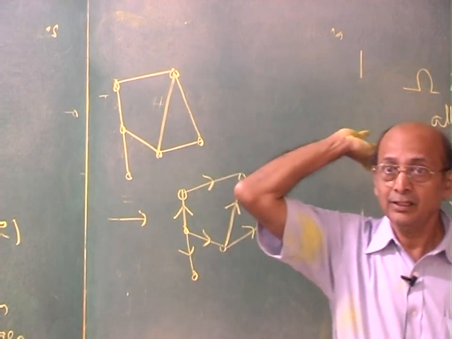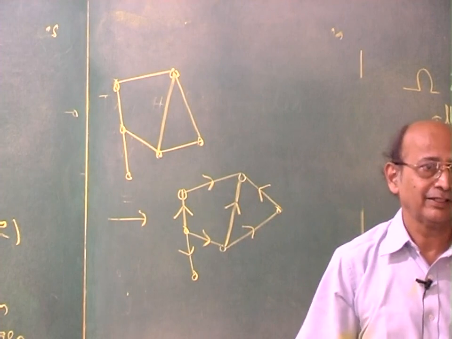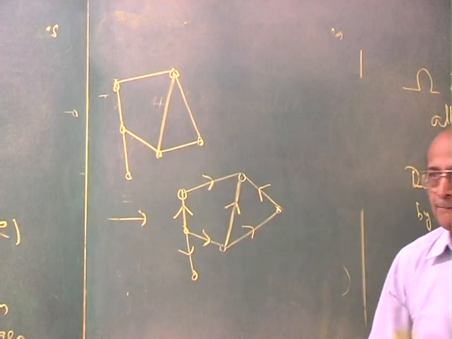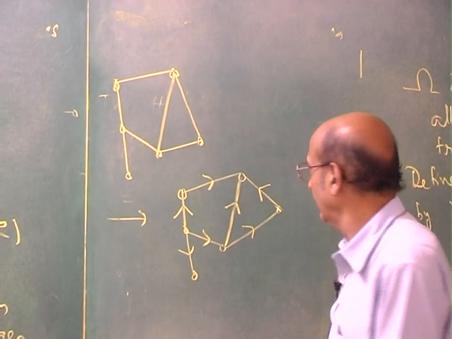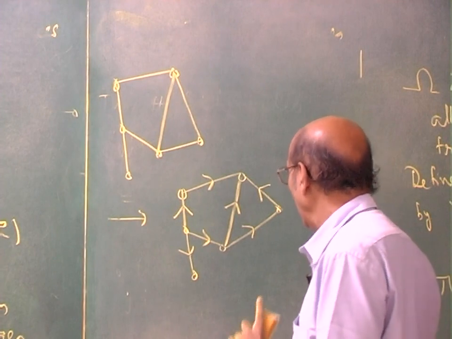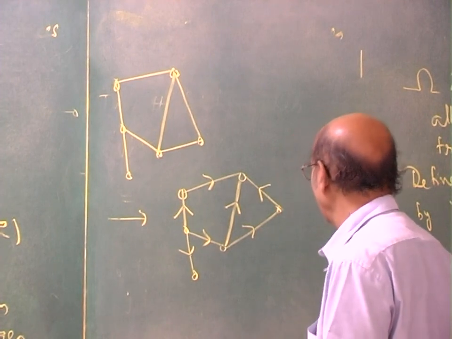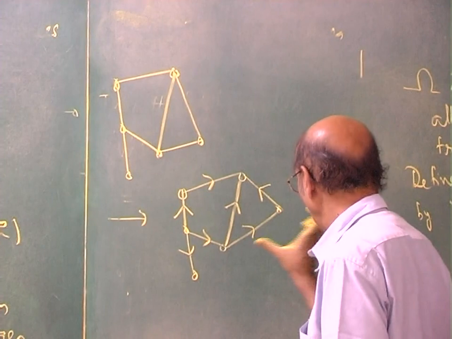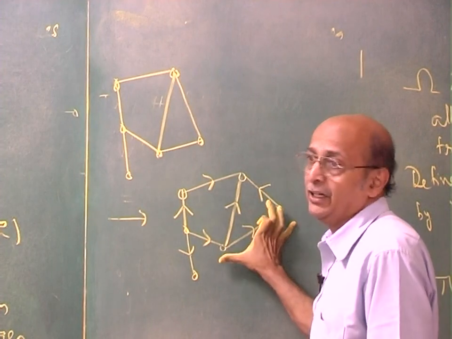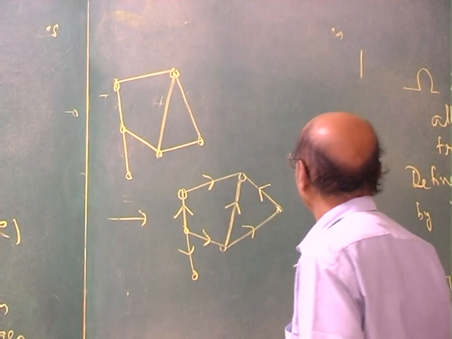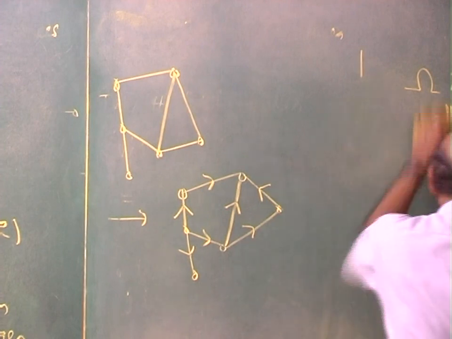There will be. We now make an incidence matrix of this directed graph. How do we make this incidence matrix?